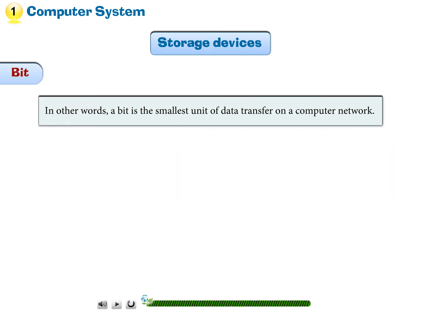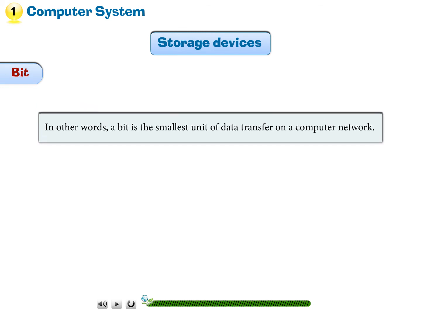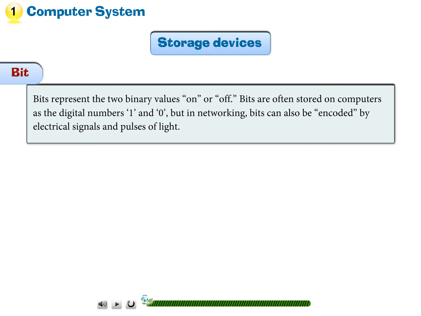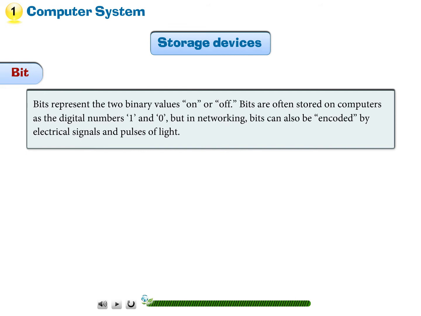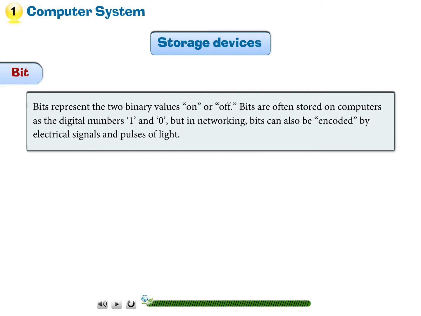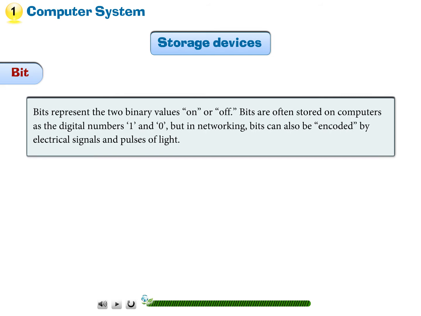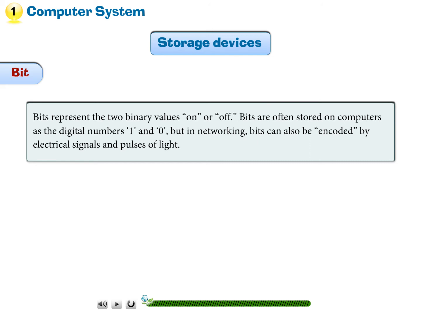In other words, a bit is the smallest unit of data transfer on a computer network. Bits represent the two binary values, on or off. Bits are often stored on computers as the digital numbers 1 and 0, but in networking, bits can also be encoded by electrical signals and pulses of light.